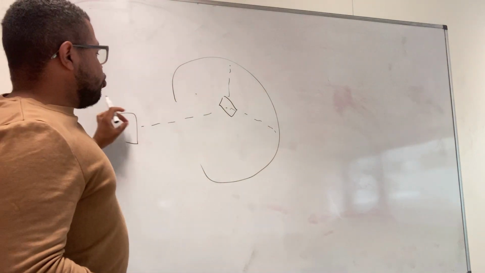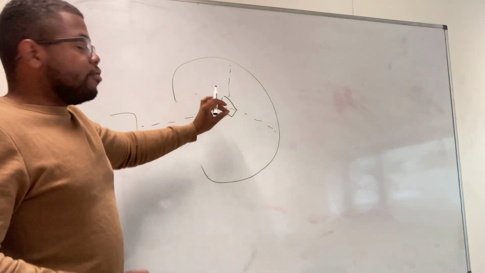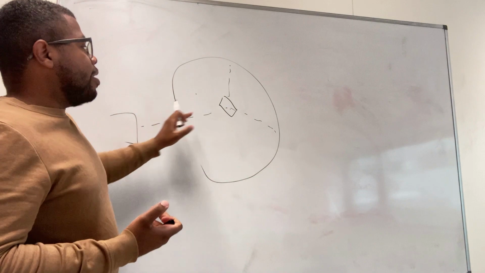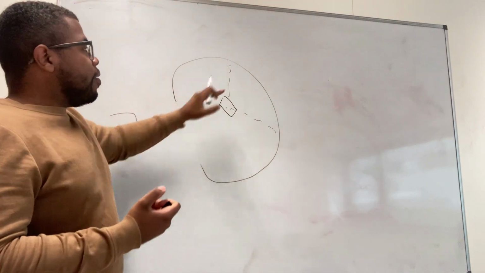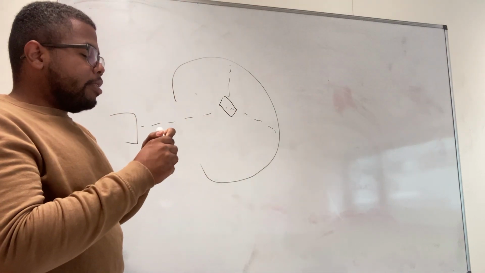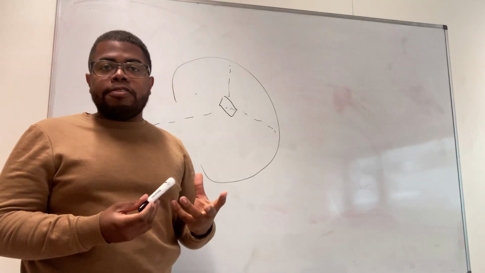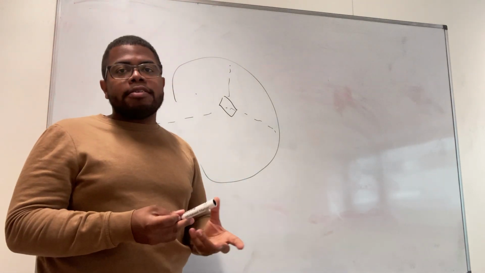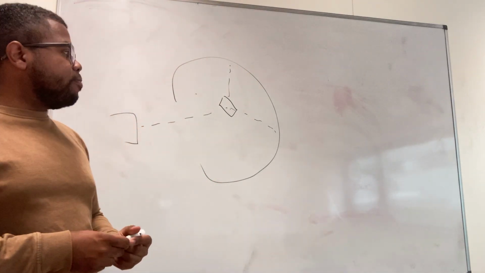So when shooting the alpha particles, which are charged particles, at the gold foil, they scatter off in different directions. And alpha particles are positively charged helium atoms, or helium-4 atoms to be more specific.